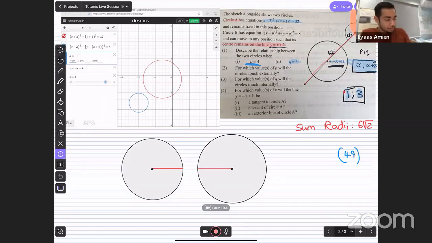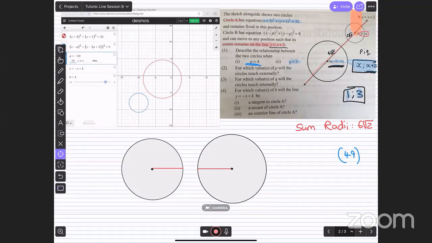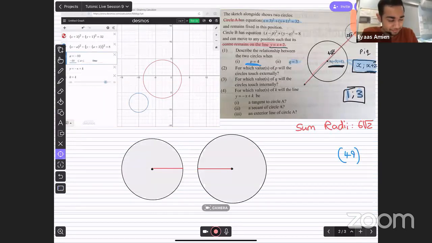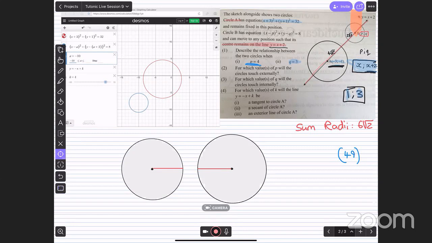Minus 3 minus 1 is minus 4 squared, which is 16. Minus 1 minus 3 is minus 4, 16, so 32. Yeah. And 32, is that bigger or smaller than 6 root 2? Bigger. So they don't touch.